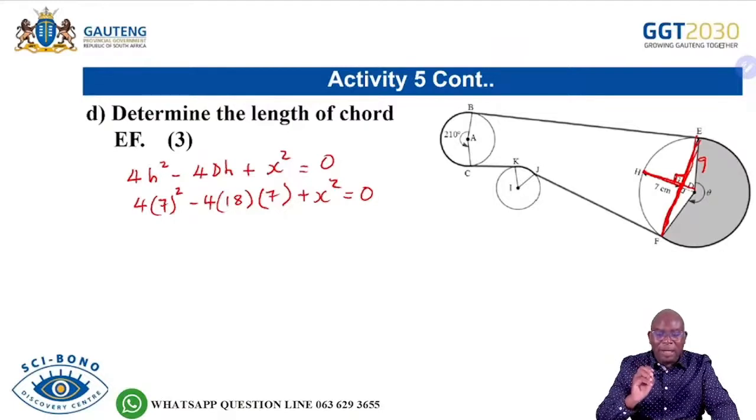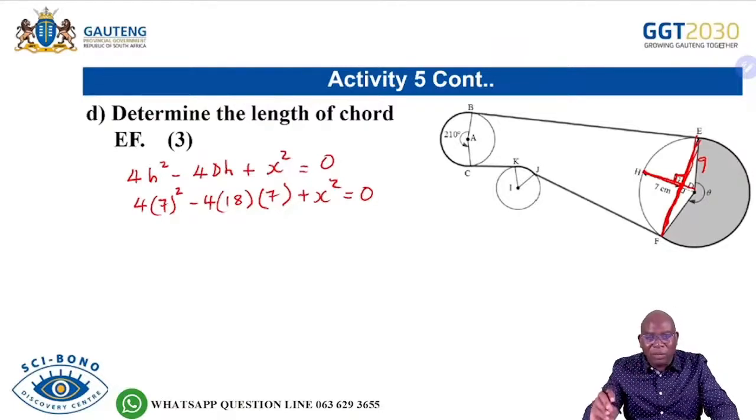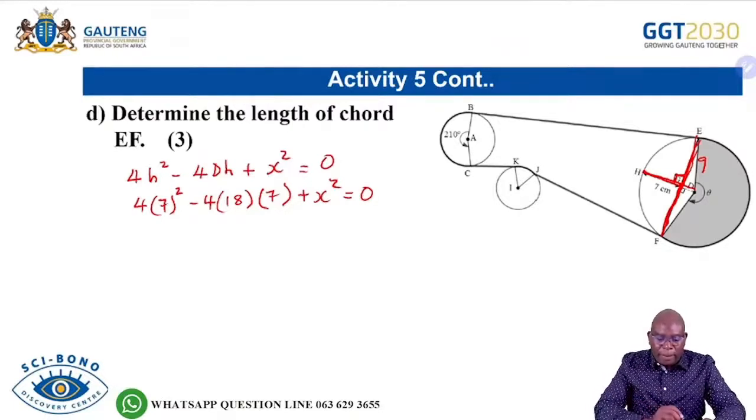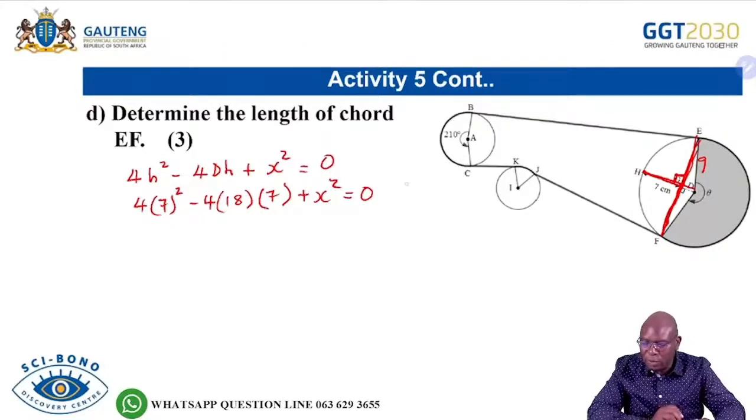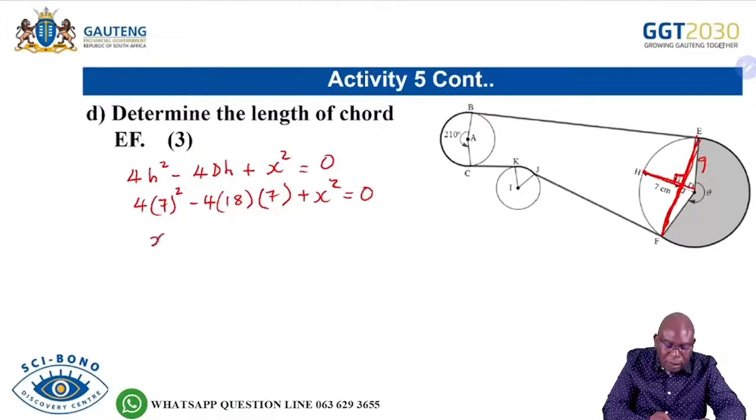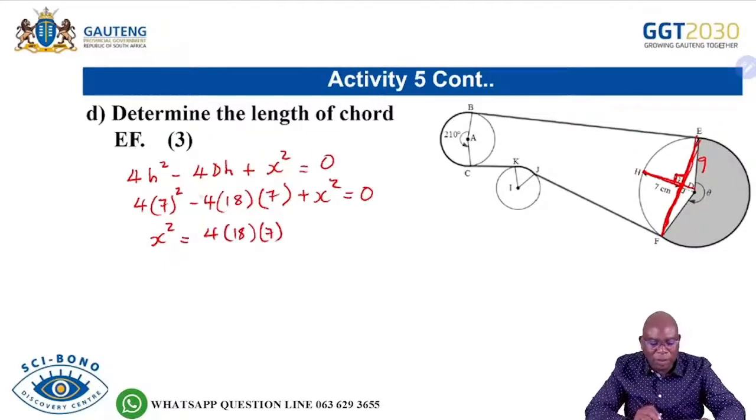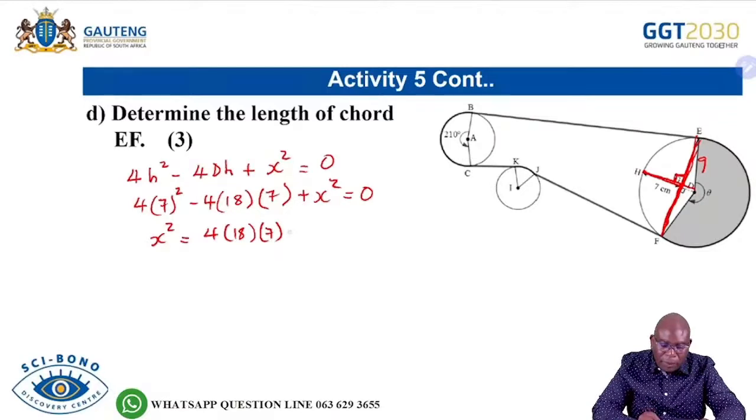What is key here is now how to find the value of x. Now for me to find the value of x, it means that everything else there must go to my right hand side. So I'm going to have x squared equals to 4 into 18 times 7. Because that was minus, it goes that side, becomes negative, positive. And then I have minus 4 into 7 squared.